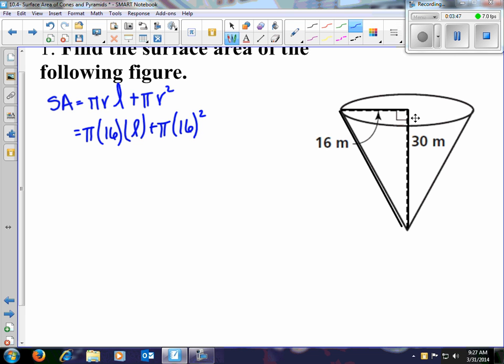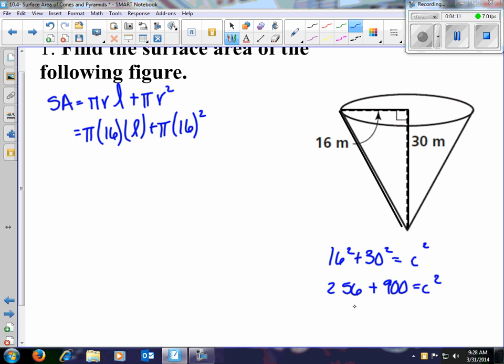So I have 16 squared plus 30 squared equals my hypotenuse squared, and my hypotenuse is my slant height. So 16 squared plus 30 squared is equal to c squared or L squared, whichever you would like. So we have 16 squared, which is 256, plus 30 squared, which is 900, equals c squared.